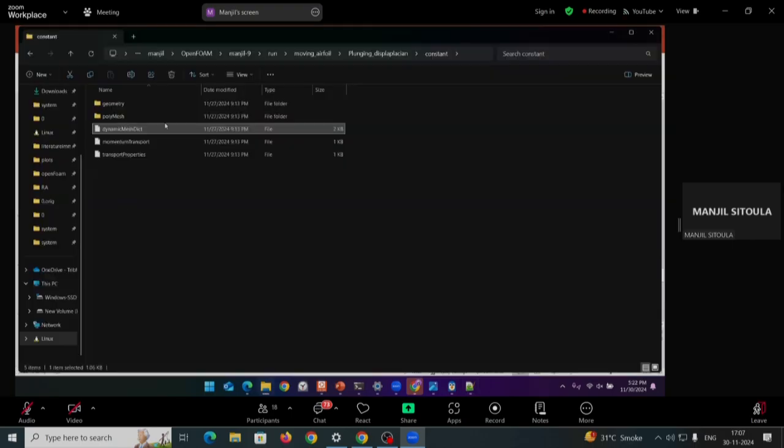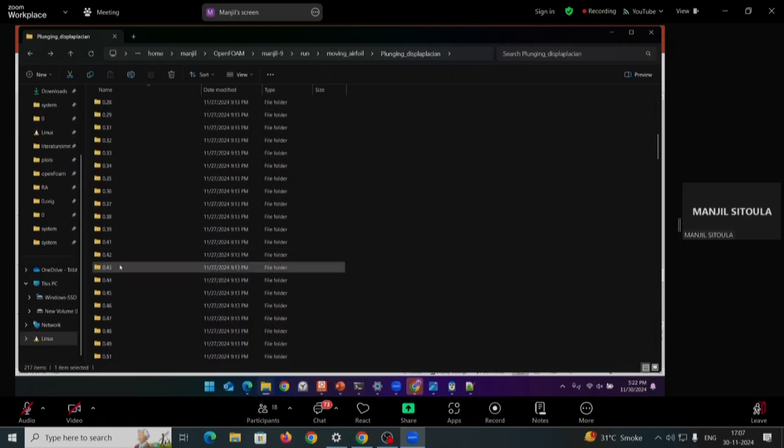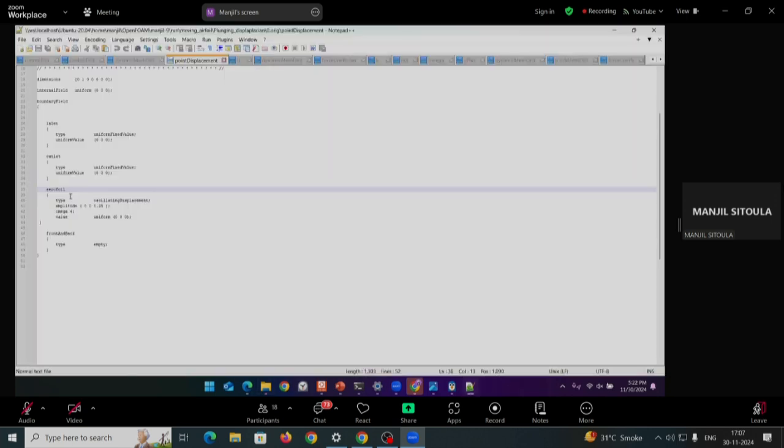What we need to include is another necessary file, that is the pointDisplacement file. It is in this file where you give the motion function to the moving boundary. So in this case, for the airfoil, we are giving oscillating displacement, we are giving the amplitude, we are giving omega.